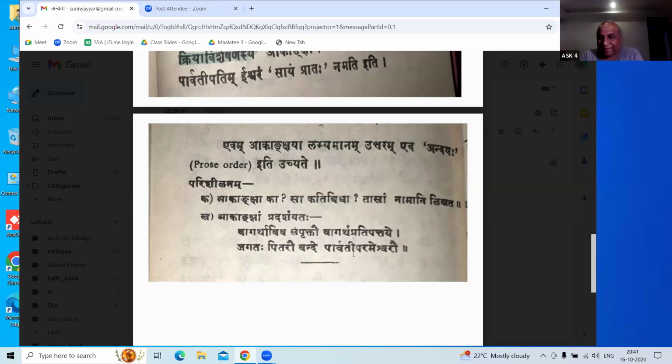For Vagartha, there is a trick. When you did the padacheda, how did you do it? Vagartha iva. The clue is iva becomes the avyayam. Vagartha is vak artha.